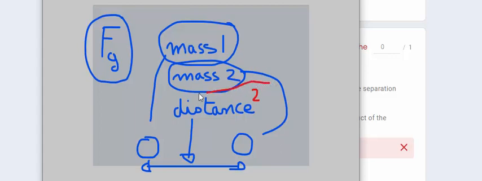But it is really a distance square dependence, which means it's going to change more quickly than a regular inverse relationship. So the gravitational force is going to decrease quite a bit when we increase the distance. It's going to increase quite a bit when we decrease the distance.